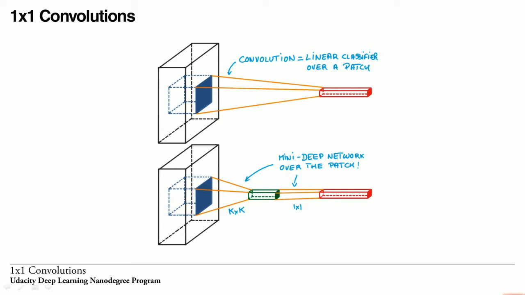But if you place a one-by-one convolution within a larger convolution layer, we move from having a linear classifier over the patch to a mini two-layer neural network. And so this is an inexpensive way to make the network deeper, as one-by-one convolutions introduce relatively few parameters into the network, and the calculations are just simple matrix multiplications, so it is not that expensive.